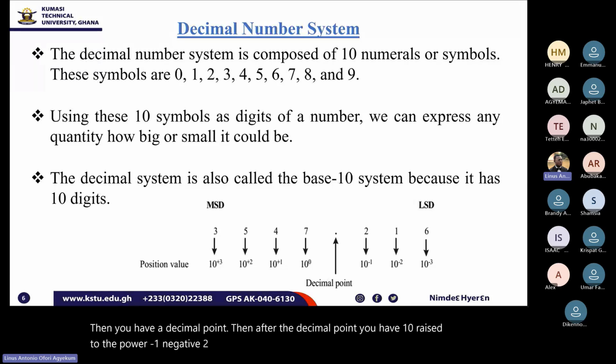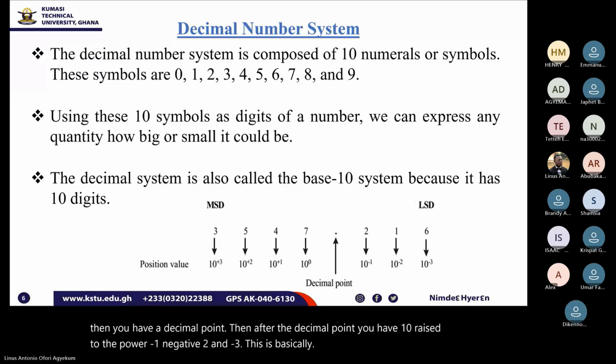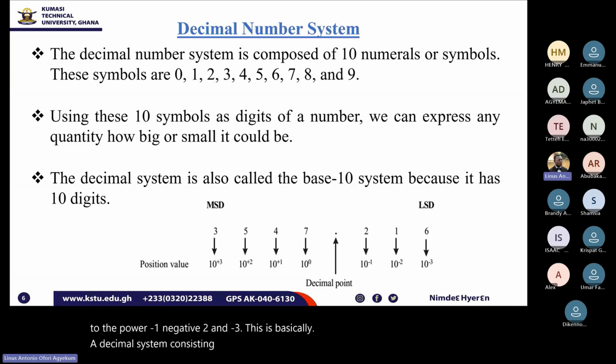This is basically a decimal system consisting of decimal points.